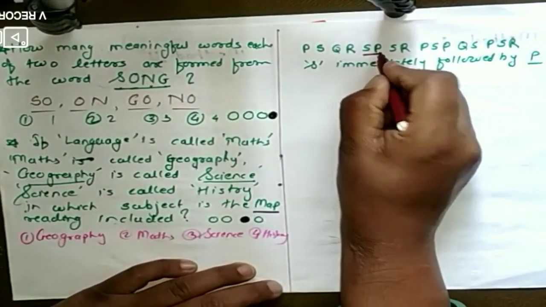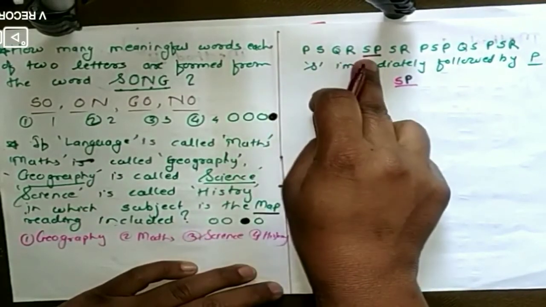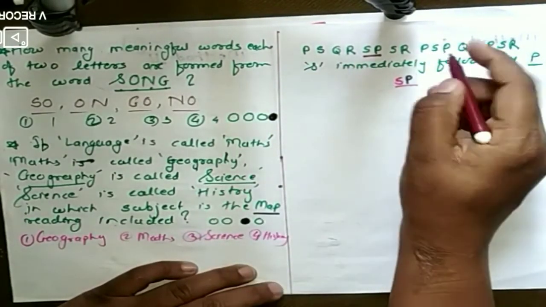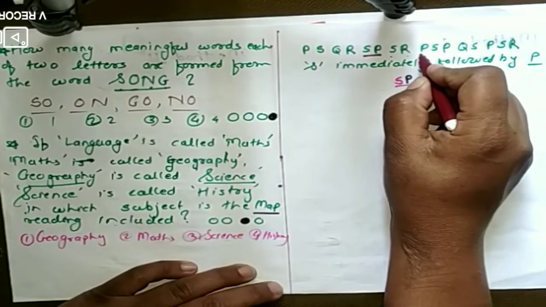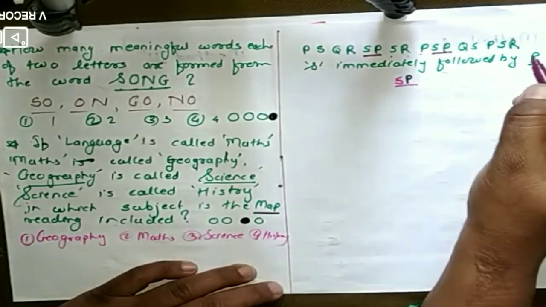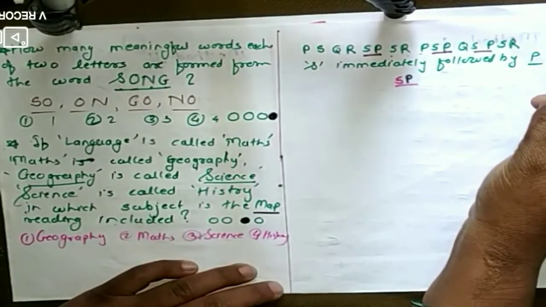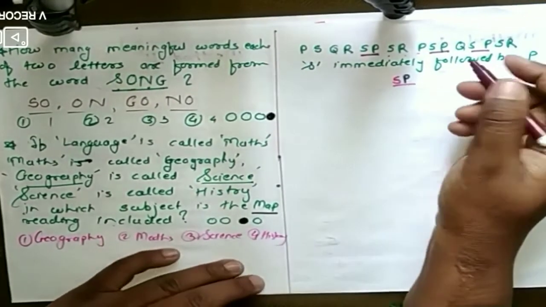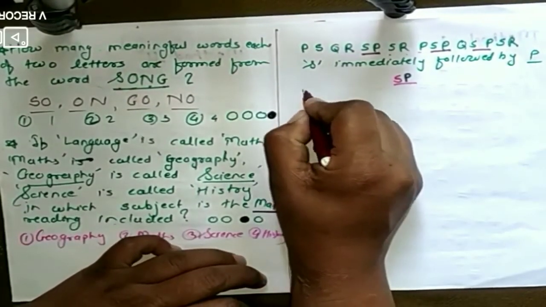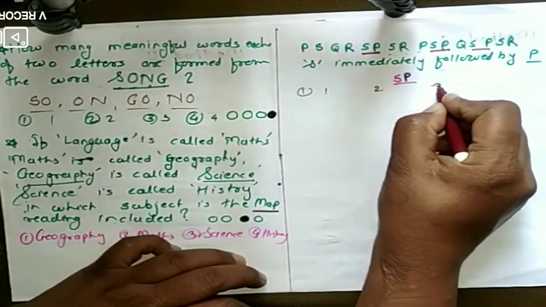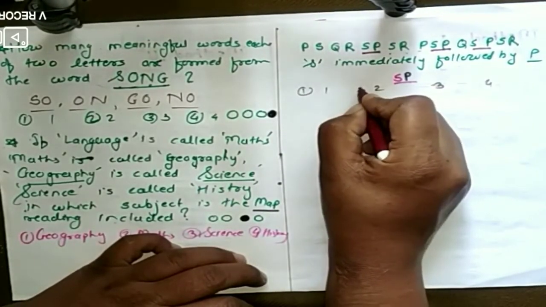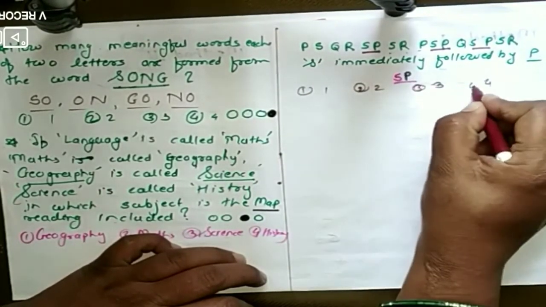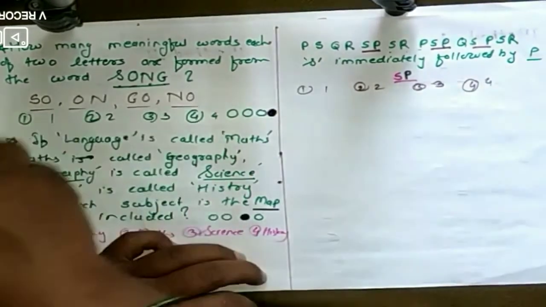I will show you with a different color. So here it is SP. Here P is given, but we have to find the SP series. Here it is SR. Here it is PS, no, we don't want PS, we want SP. Here is also SP. Here the options are simply 1, 2, 3, 4, and we have to choose the correct one.